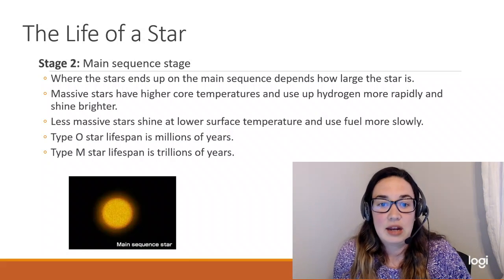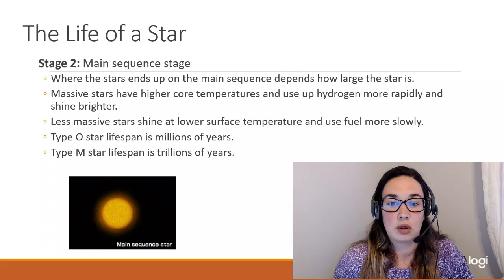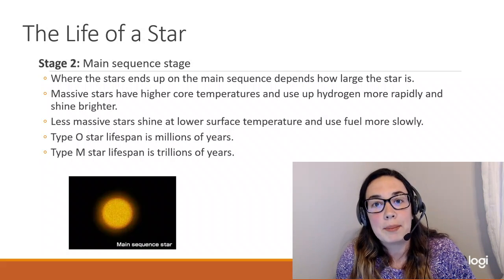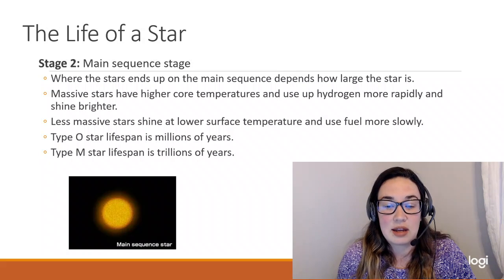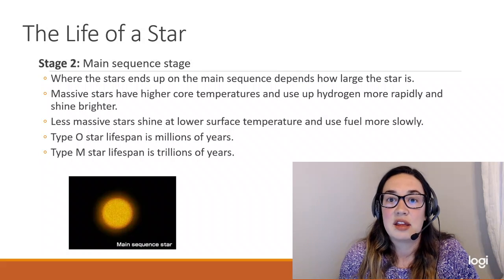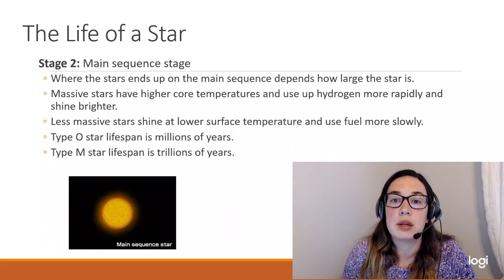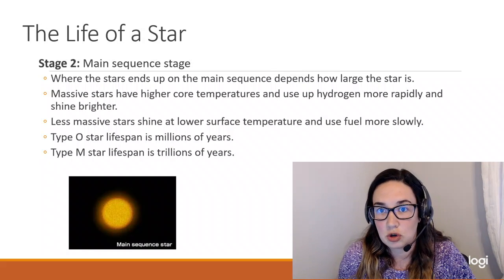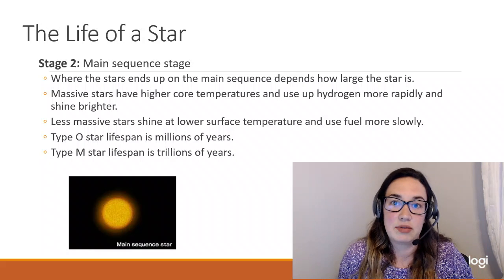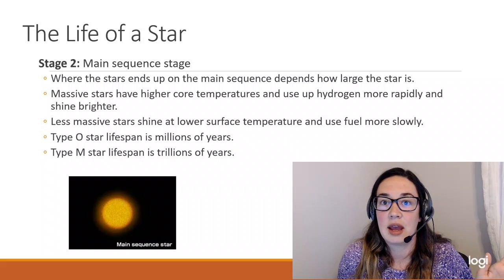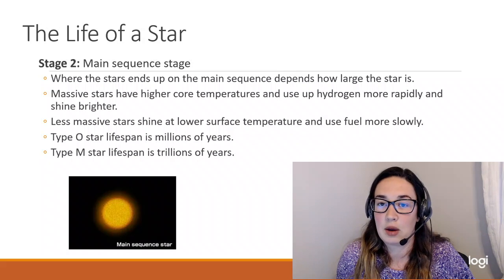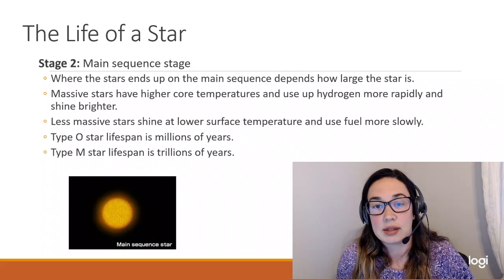Stage 2 in the life cycle of the star is our main sequence stage. If you remember, the main sequence is just that band that falls for a normal adult star along that HR diagram that I showed before, and it ranges, if you recall, from very bright and very hot to very dull and very cool, depending on where it falls along that main sequence.